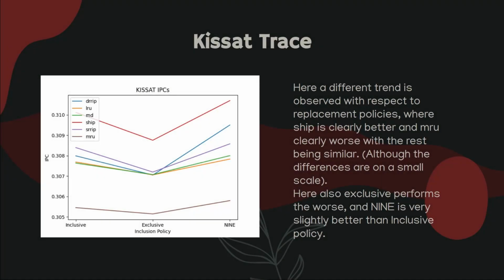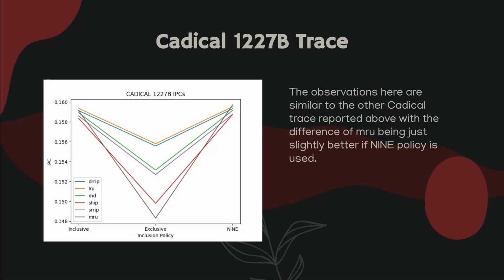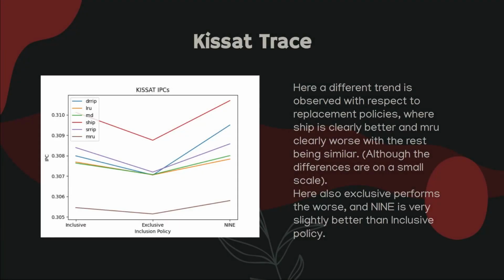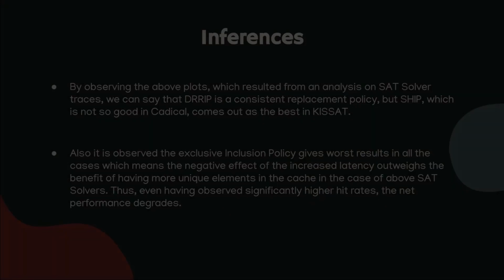We observe slightly different things in the KISAT trace, where the replacement policy SHiP performs much better, which was one of the worst performers in the canonical trace, and the most recently used replacement policy performs the worst, and the trend of the inclusion policy remains the same.